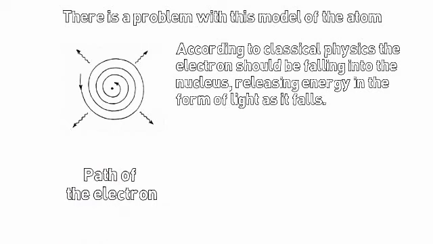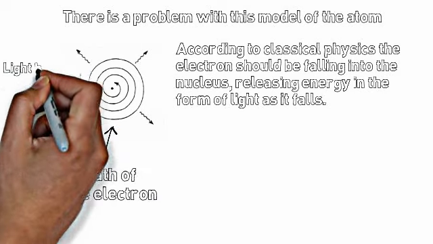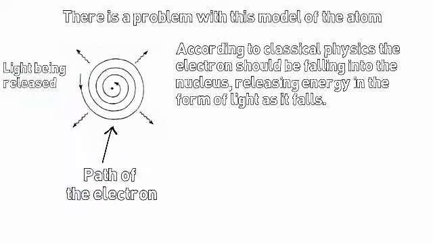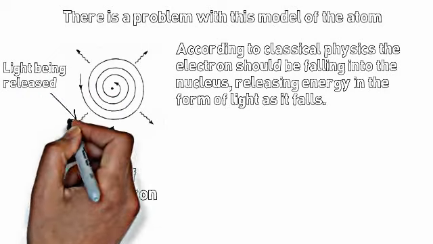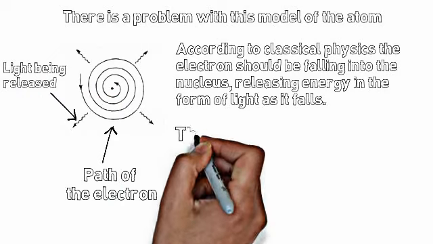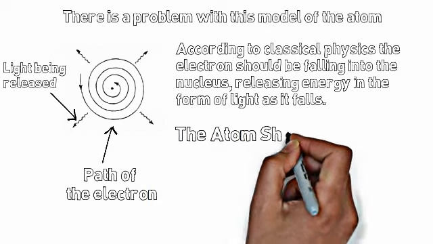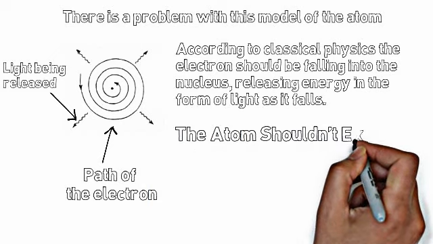So you can see here the path of the electron as it spirals into the nucleus and the energy that's being released in this picture. In short, what this means is the atom shouldn't exist. Using Rutherford's model, the atom should not exist because the electrons would fall into the nucleus.